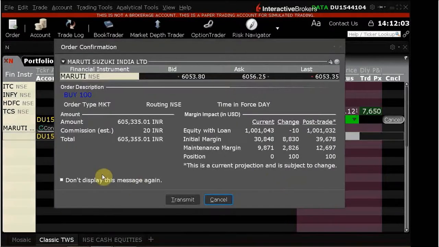Notice that here you get the total value of the trade. You get all these margin estimates and all that. But you don't get any message saying that your data is not live, please don't trade in markets, be aware that you're trading in a market without live data, there's a risk involved in that.